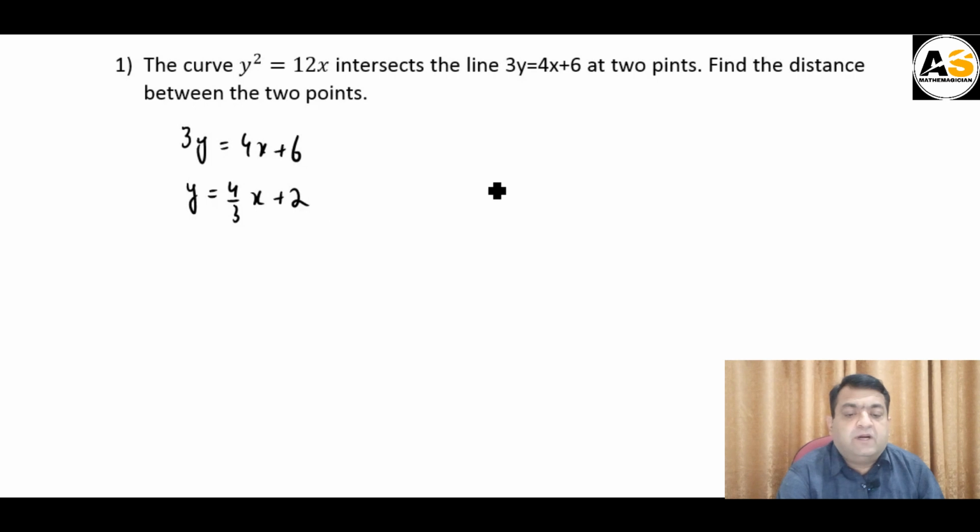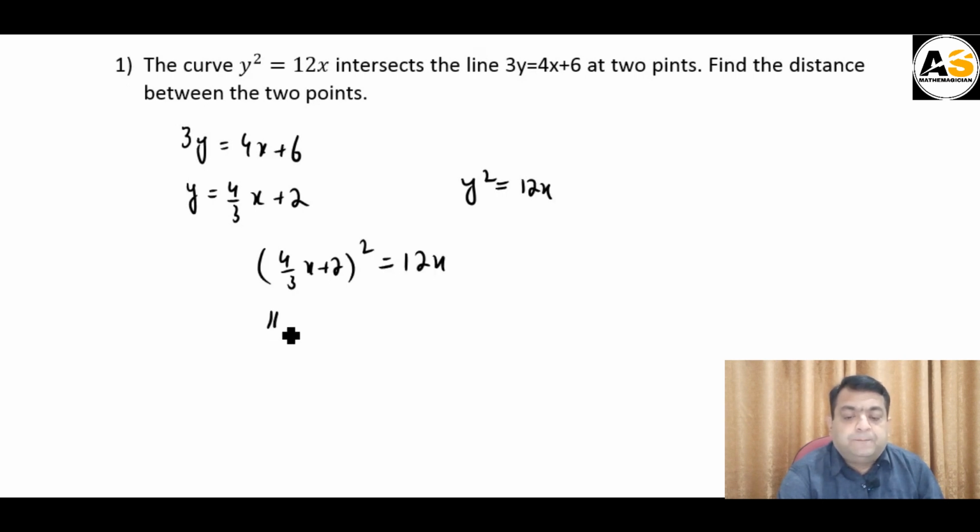The second equation is quadratic, y square is equal to 12x. I got the value of y from the linear equation and I am putting it into this equation. 4 over 3x plus 2 whole square is equal to 12x.